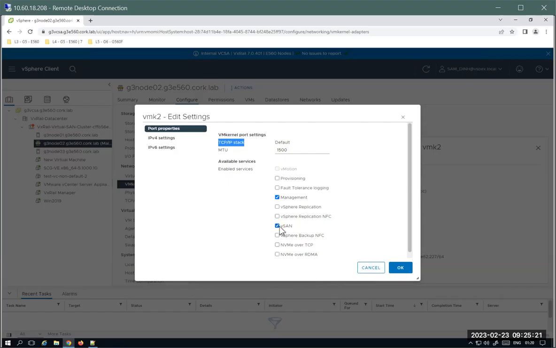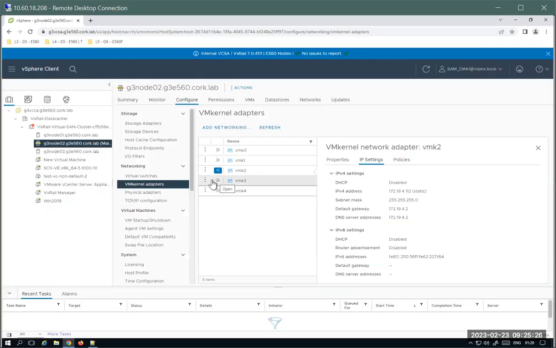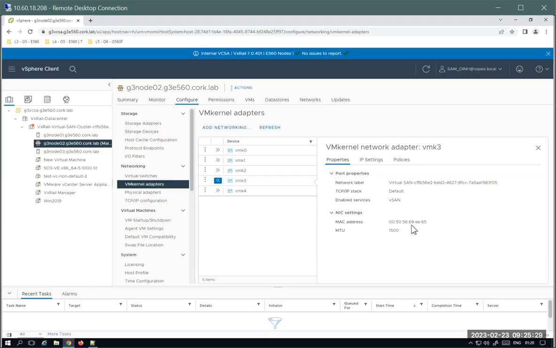If you want vSAN to run on the VMK, you can enable vSAN here and remove VMK3. Yes, it works, no problem, because we have the same TCP/IP stack. From the OSI model perspective, they are running on the same road but in a different lane. But here, this one is running on a totally different road.